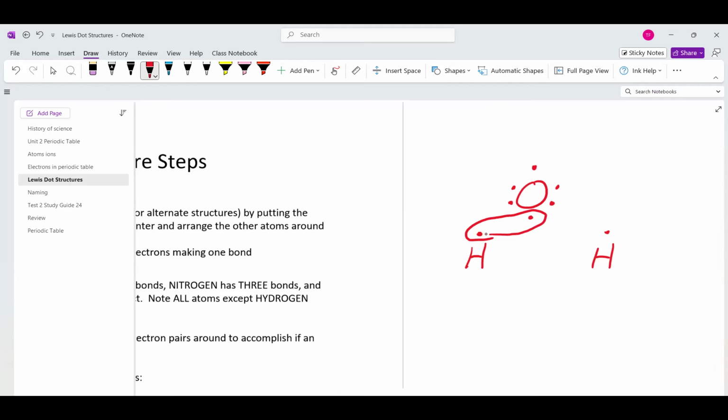So I'm going to move this pair up here. So we still have 2 singletons, 2 pairs. Okay, so that's step 2. Connect everything up with one bond.